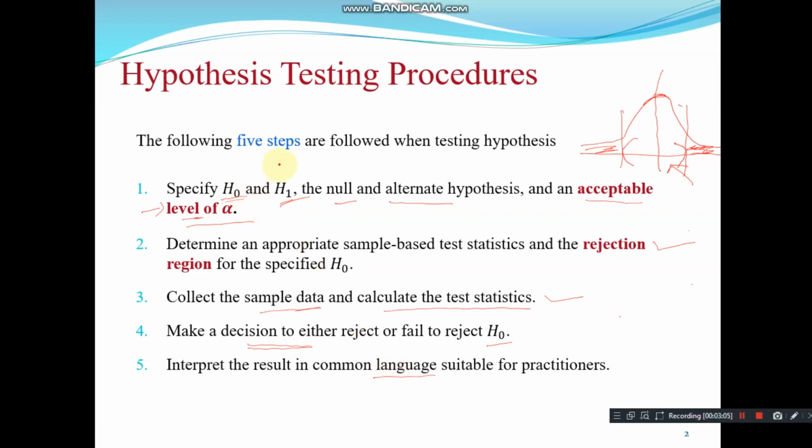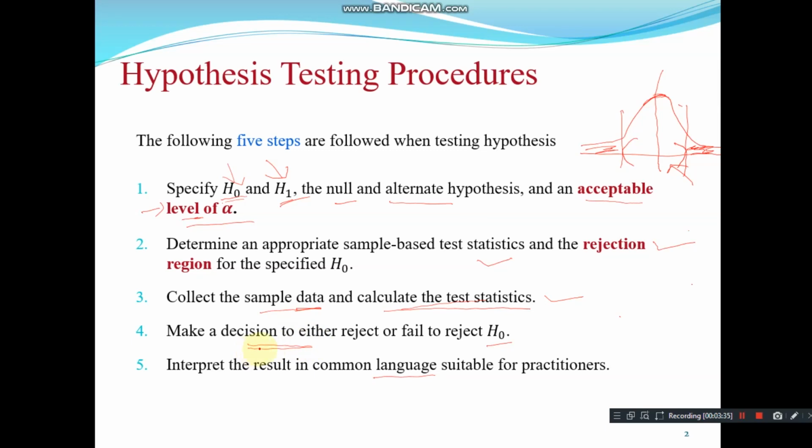So first, whatever the physical situation, we convert into statistics in terms of null and alternate hypothesis, and from that we define the acceptable and rejectable region. We collect the sample data, and for that we calculate those parameters or characteristics, to see how accurately they relate to the population.